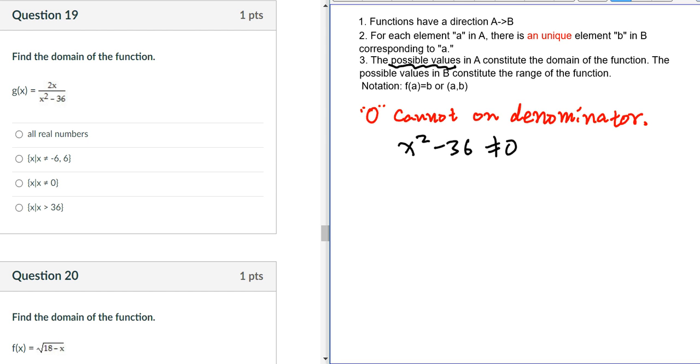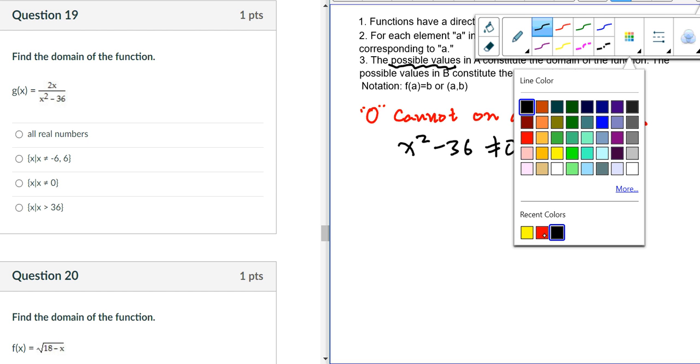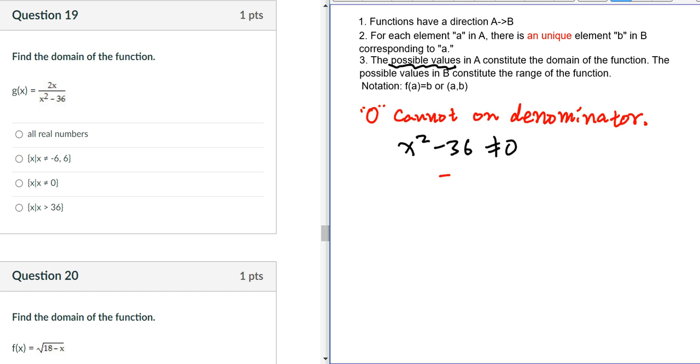So this tells us that if we add 36 on both sides, then the left-hand side will be x squared. The right-hand side is 36 plus 0. And then we cannot let x squared be 36.